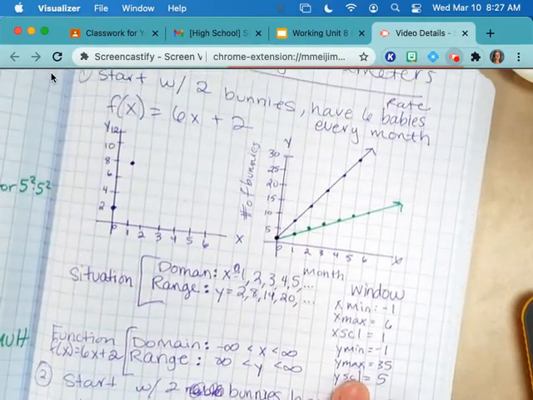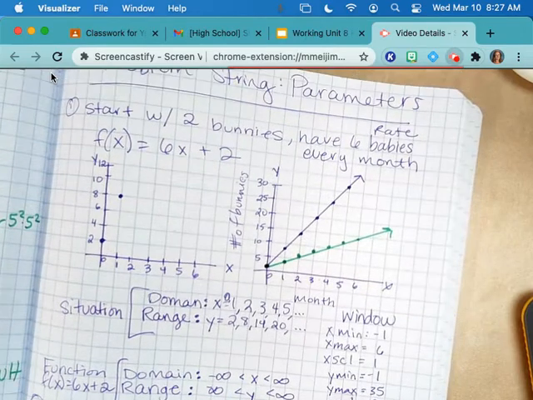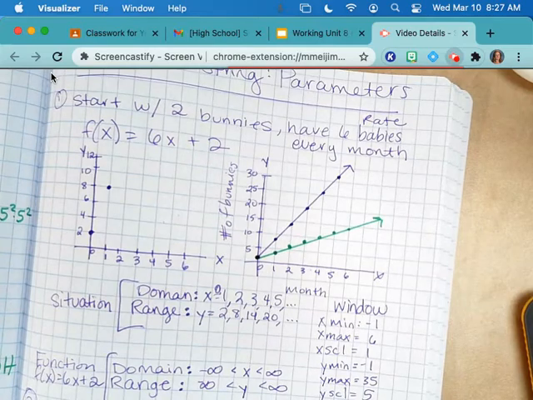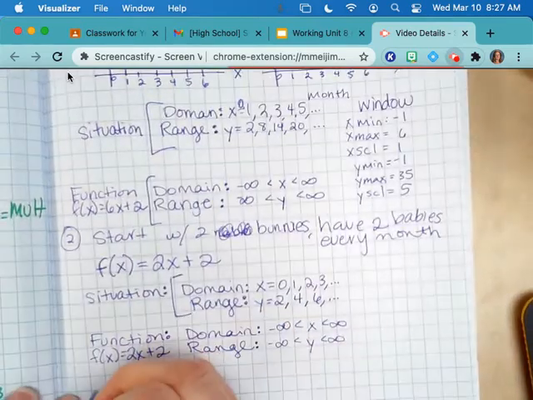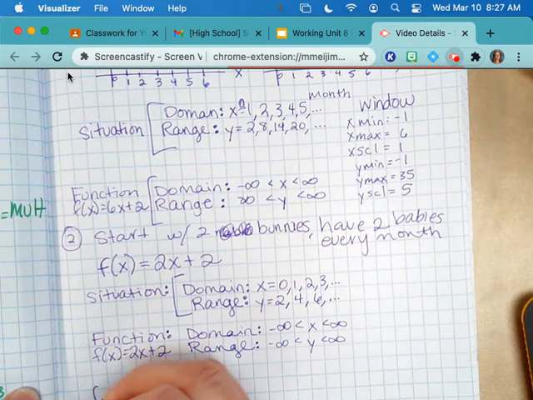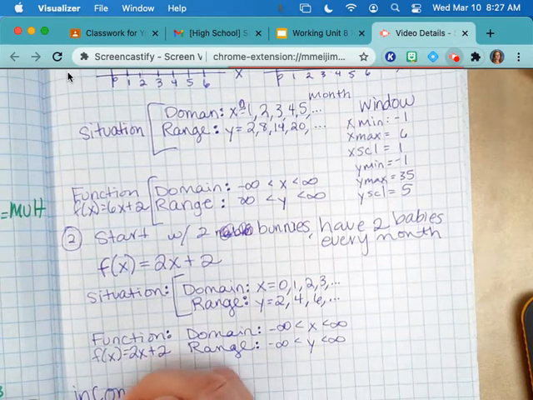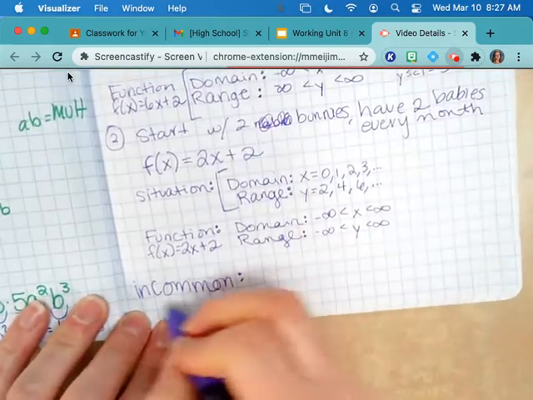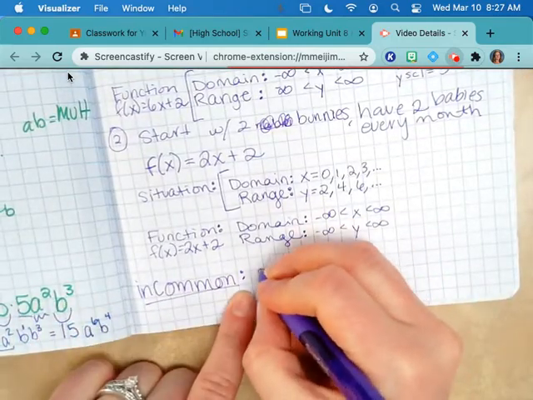Carter, y'all's group. They started out with the same amount. Okay, so that's a thing that's the same. I'm going to just put in common. What did they have in common? And that was the starting amount.